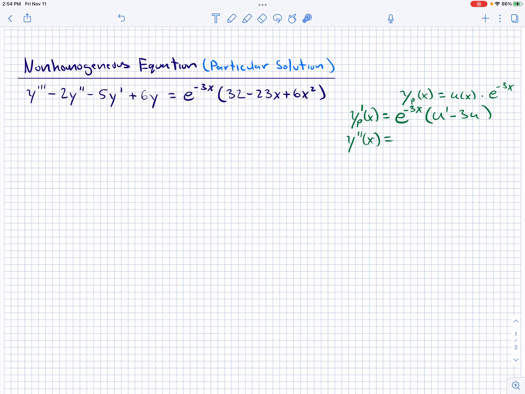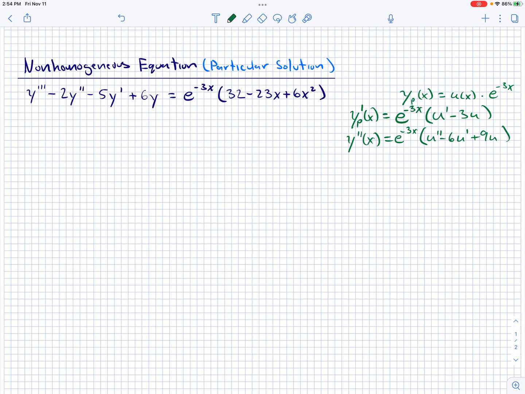Once you simplify all that, for the second derivative you will get e to the negative 3x times u double prime minus 6u prime plus 9u.